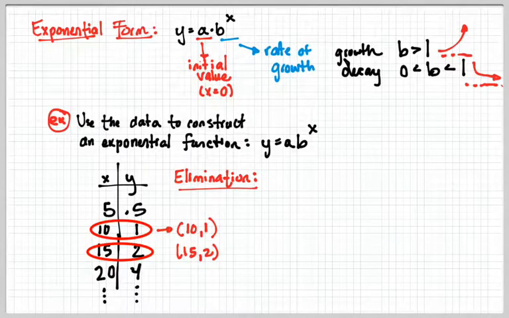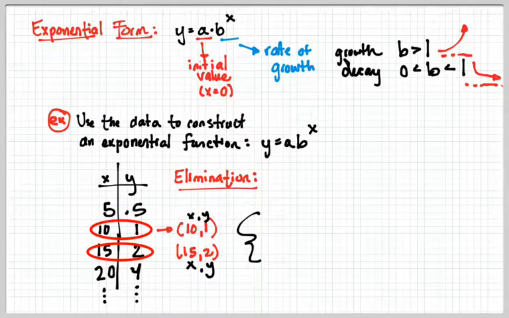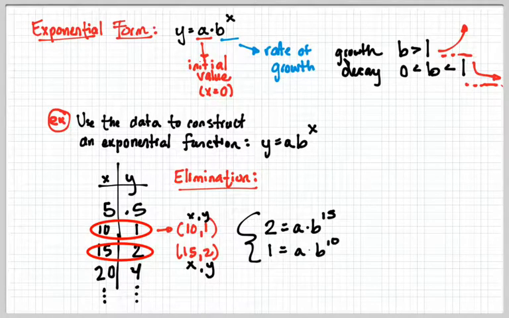And these both represent xy values. So xy and xy. So if we build our system, our first function will be, actually I'm going to flip the order. I'm going to do 2 equals a times b to the 15th, or 1 equals a times b to the 10th. All I'm doing is substituting in my x and y here and here.